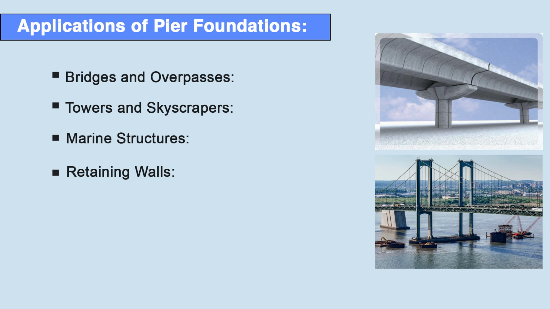Third is marine structures. Structures like piers and docks which are built in the water or near shorelines rely on deep pier foundations for their stability. Fourth is retaining walls. It is used to support retaining walls in areas with unstable or weak surface soils.